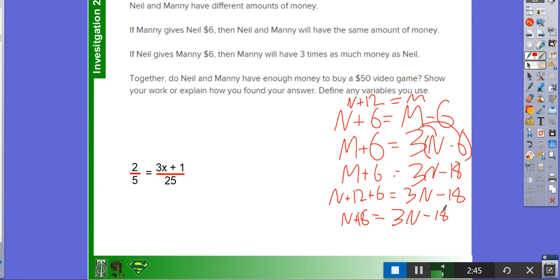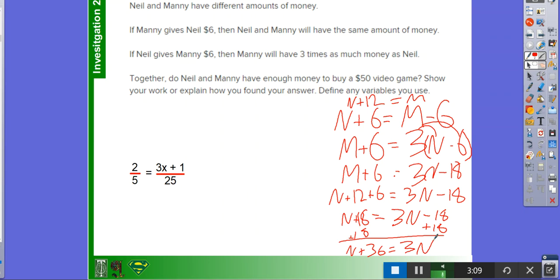So now we can add 18 over here to get n by itself, and that gets us to n plus 36 is equal to 3n.